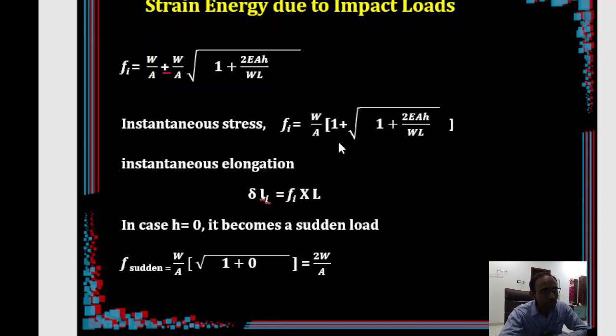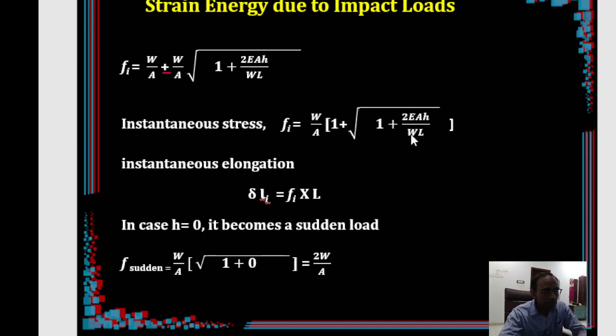Therefore, instantaneous stress is given by W by A times 1 plus root over, not plus or minus, it is simply plus, root over 1 plus 2AEH by WL. You can rewrite the terms as you are conveniently able to remember it.